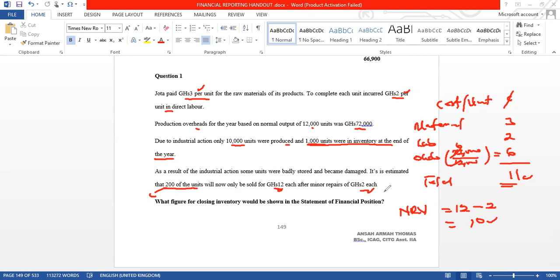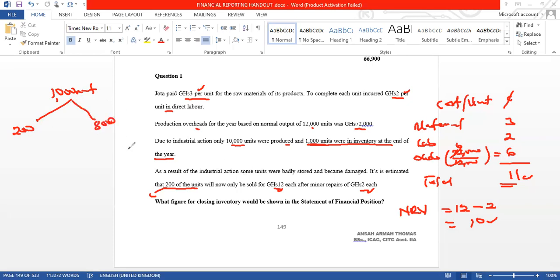Now what we are going to go through and know is that the closing stock story continues to tell us that we have 200 which will be selling at this, and we break it down, we have 800.